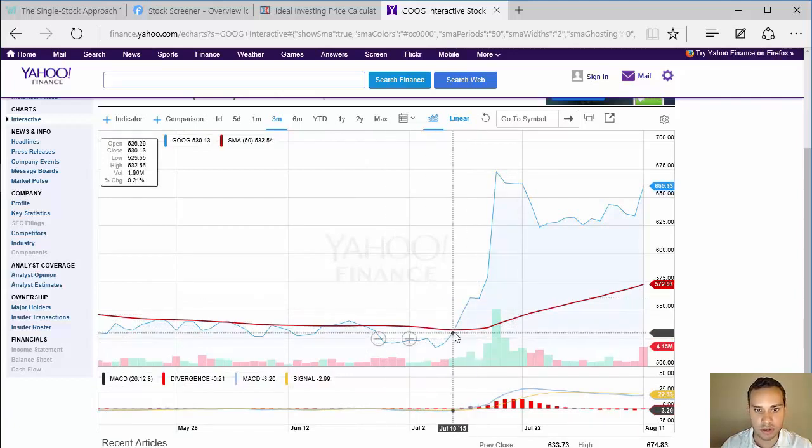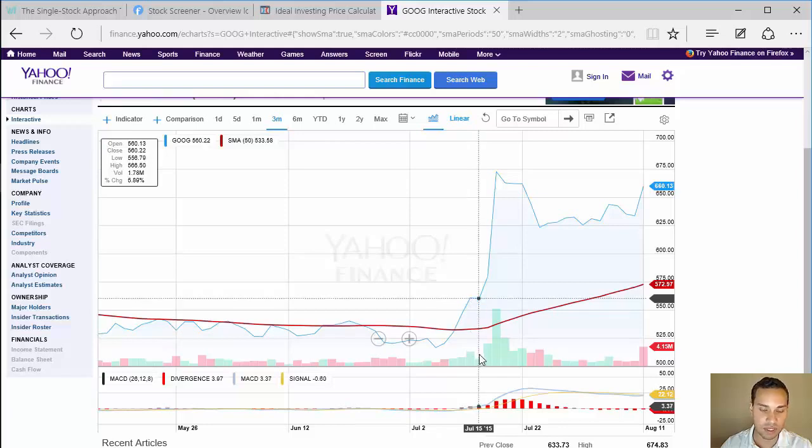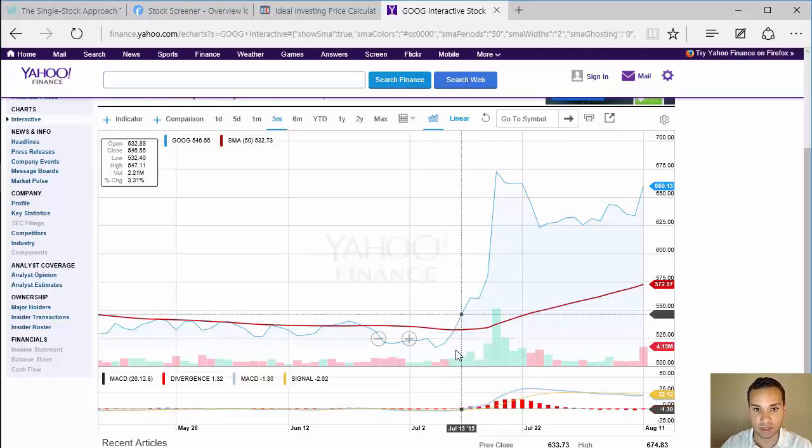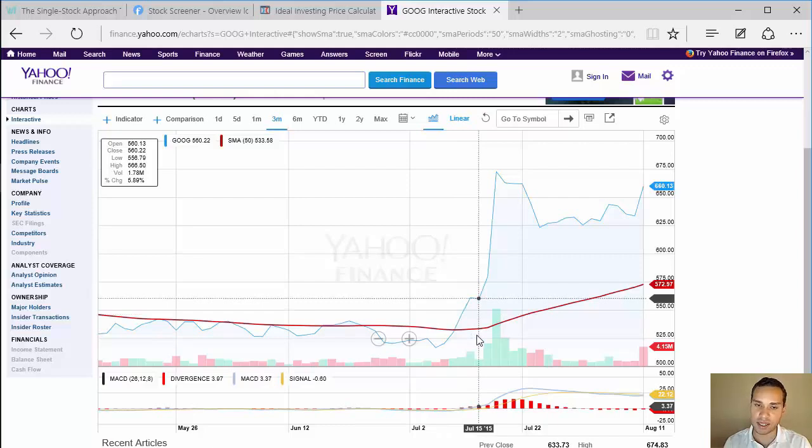As you can see, soon after the price passed the moving average, volume started to rise. Now, volume didn't rise too much until July 15th, which is actually 8 days after we saw the initial, or 5 days after we saw the initial little jump. Now, this can get confusing, so I'm gonna go as slow as I can here.